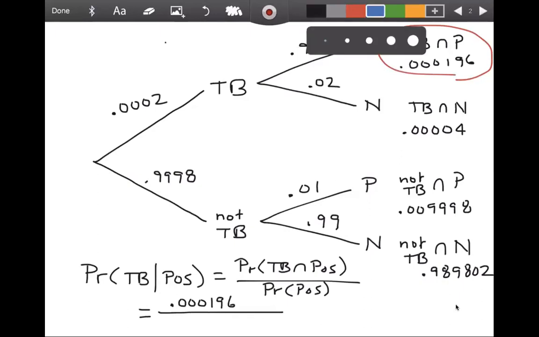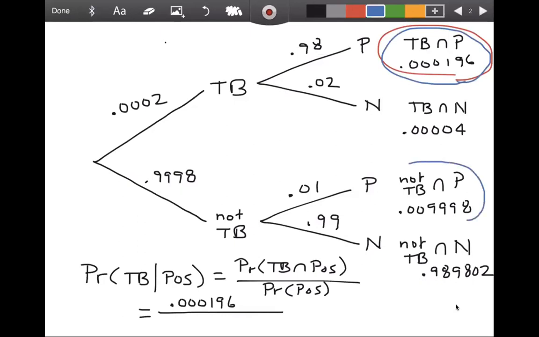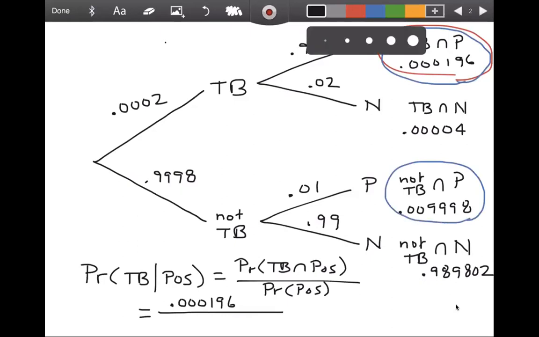Testing positive means one of 2 things. They tested positive and they have TB, but it's also possible they tested positive and they don't have TB. So we need to add those 2 probabilities together in the denominator.